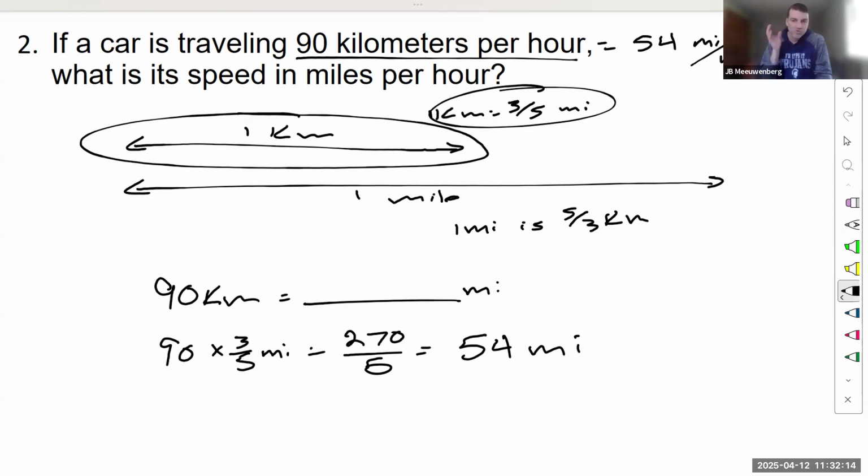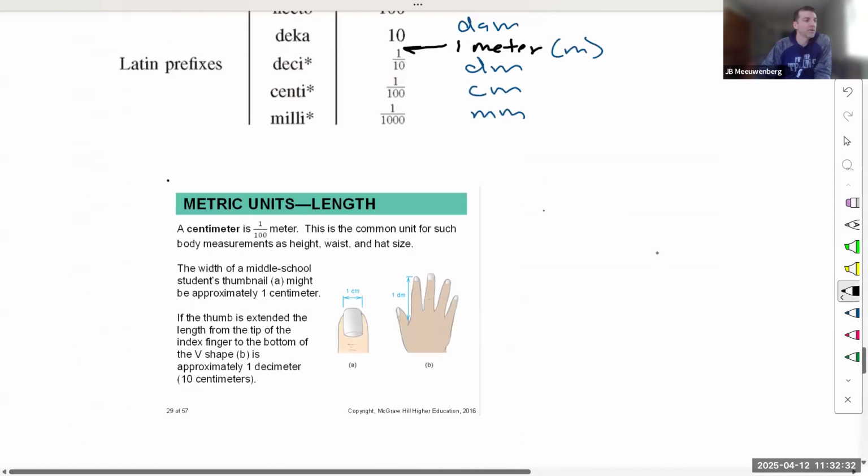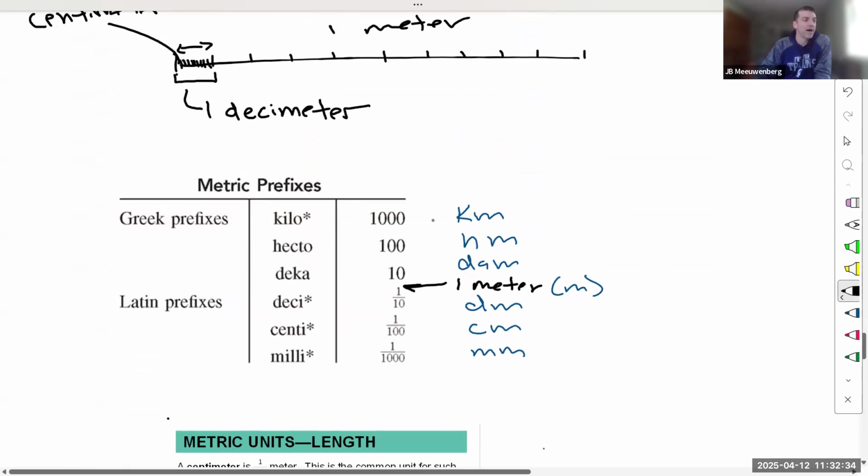So here's the greatest thing about the metric system, I think. We've already seen that all of the different units of measurement are based on the number 10. If I scroll back up here to this chart, right? Once we know the base unit of measurement, all we've got to do is multiply or divide by 10 to convert it to another unit, completely unlike the United States system that we currently use.